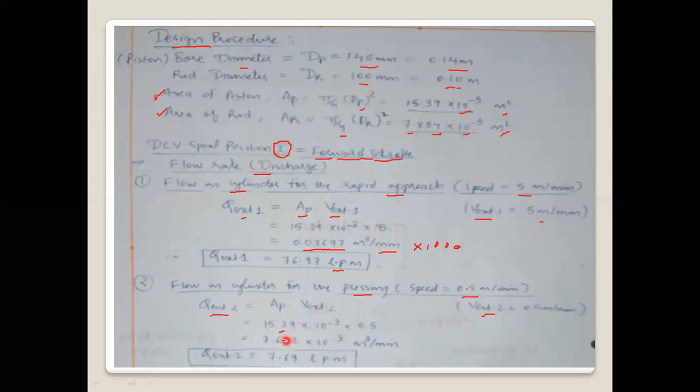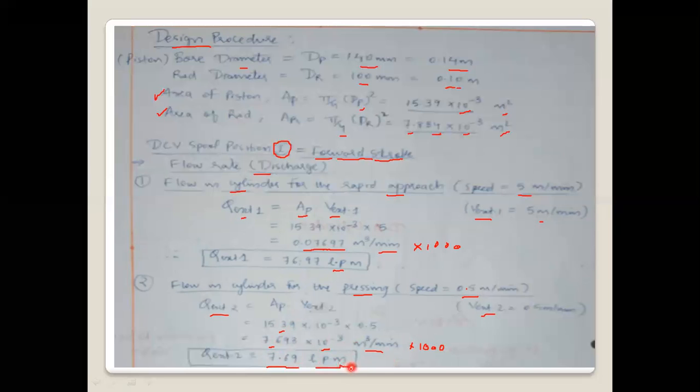Okay, so finally what I will get? I will get 7.693 into 10 raised to minus 3 meter cube per minute. Then multiply here with the 1000, so I will get it in terms of liter per minute. So 10 raised to minus 3 into 1000, they will get cancelled. I will get 7.69 liter per minute.